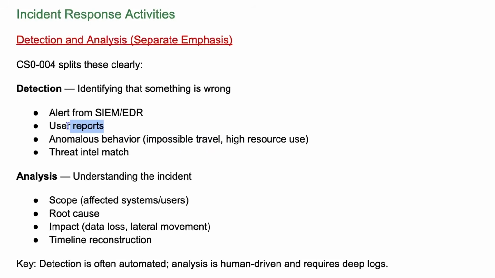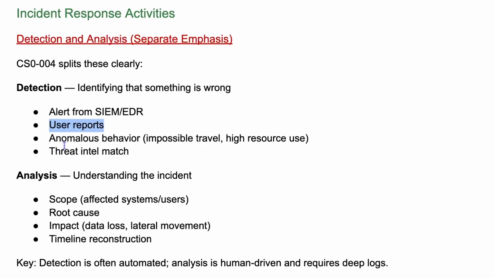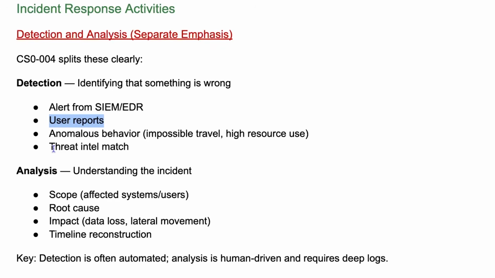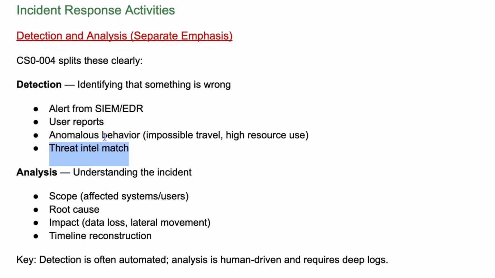Or a user reports that, hey, I think something is wrong. So these are all detections. And then, of course, there's the matching of the threat intelligence that would also take place. So all of these things can feed into the detection, and at the same time, they can emphasize each other's importance. You may be able to get an alert, you may be able to notice the anomalous behavior, and it matches threat intelligence.